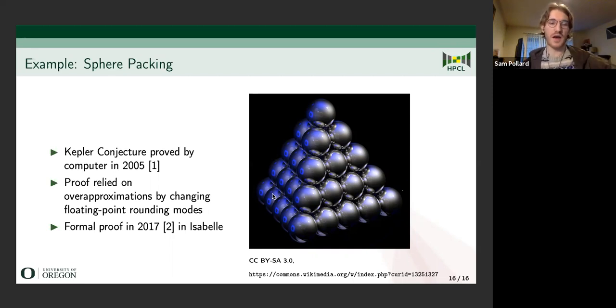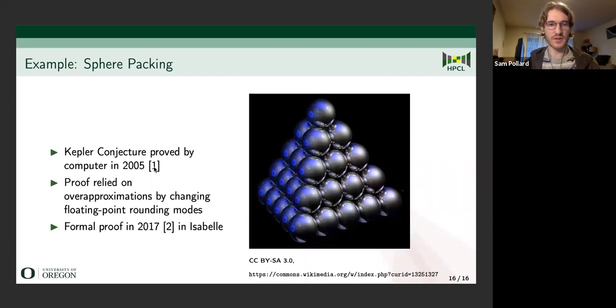And actually, this proof was proven in 2005, and then it was proven again in 2017. It was formalized in a theorem prover called Isabelle. So it's another application of using a computer checked proof to prove a yet unproven theorem.